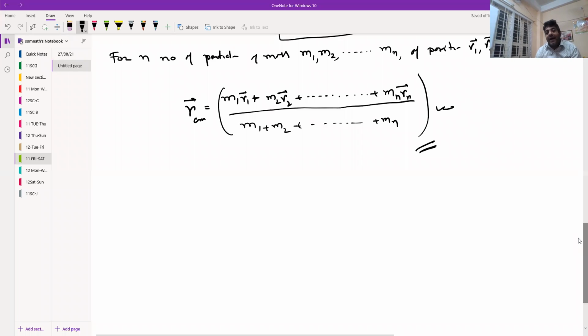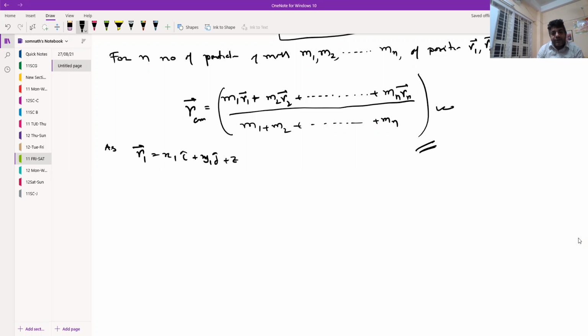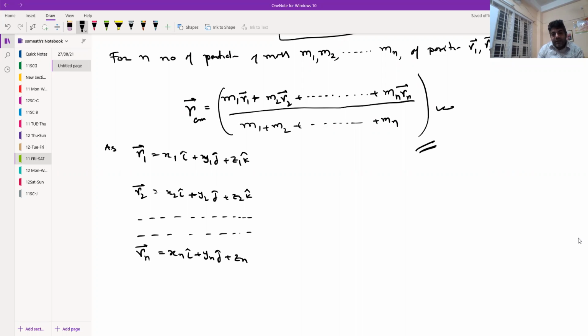First of all, as R1, R2, R3 are the positions, we can say R1 is x1 i plus y1 j plus z1 k, R2 is x2 i plus y2 j plus z2 k, dot dot dot, Rn is xn i plus yn j plus zn k.